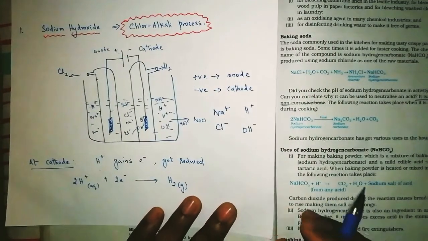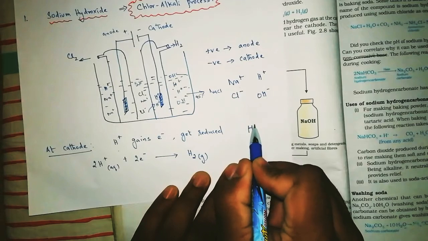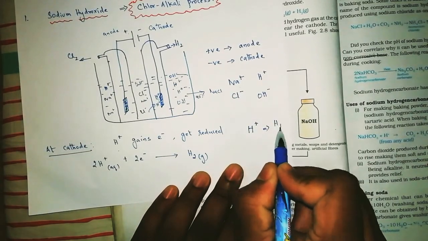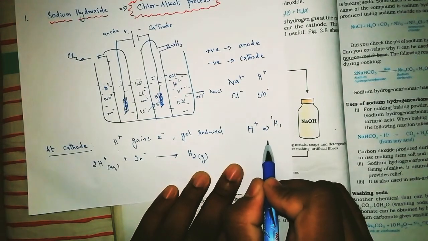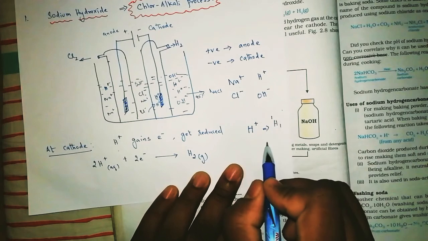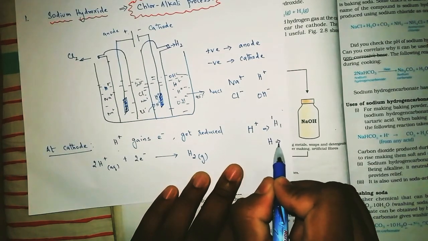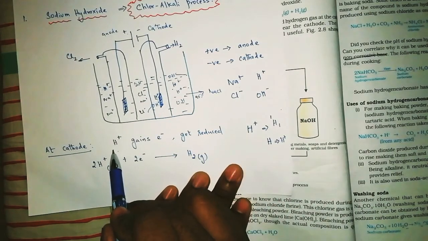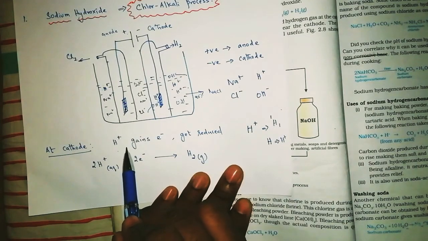What does H plus mean? Hydrogen has atomic number 1, atomic mass 1. H plus comes once it loses the electron. After it loses that electron, hydrogen becomes H plus, so it doesn't have any electron at all. So what happens here?